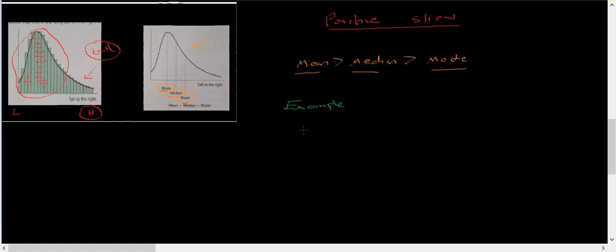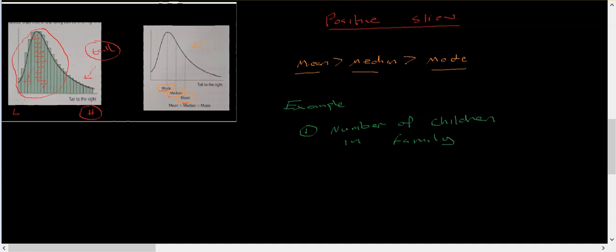So if you're to think about things like, let's say, the number of children in a family. What's going to happen is the majority is going to fall on the lower end.